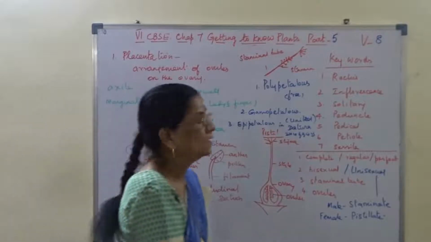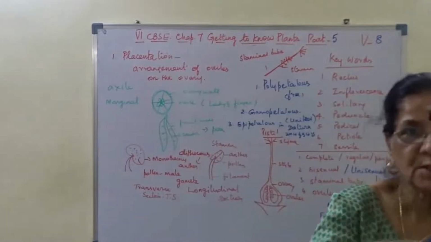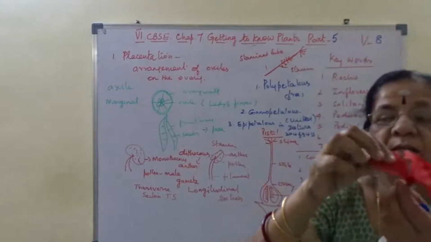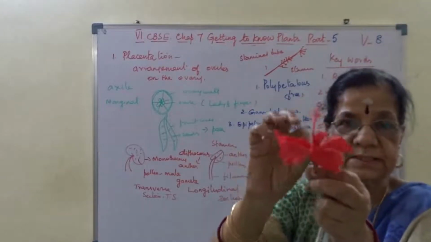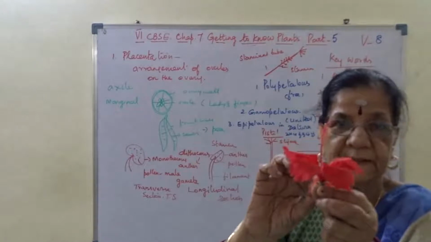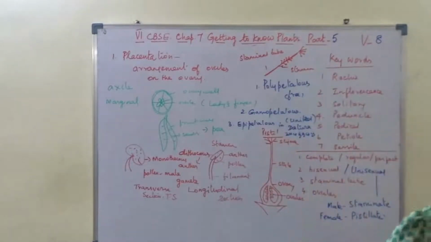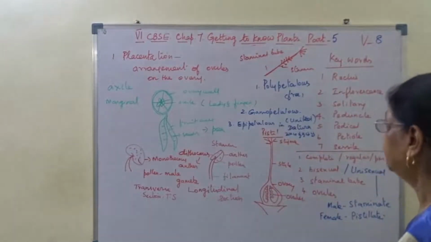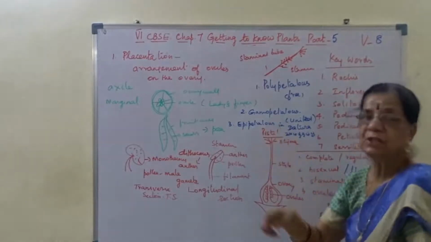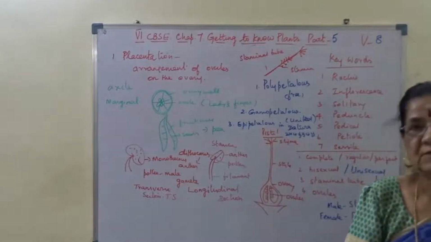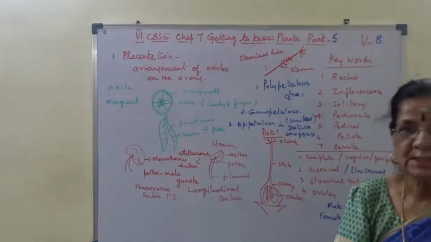What does it mean? When the petals are free, they can be removed easily, separately. That is called polypetalous. When the petals are united, it is called gamopetalous.